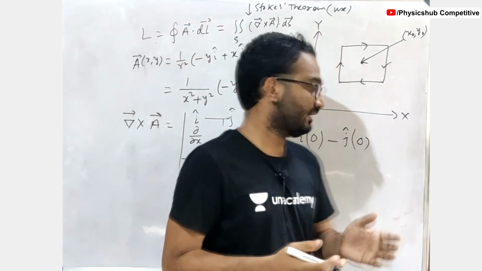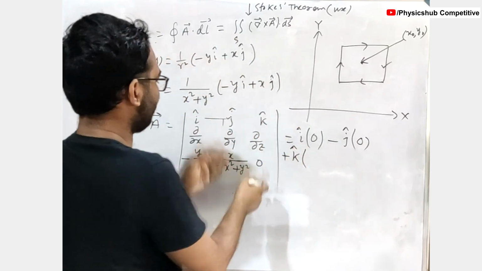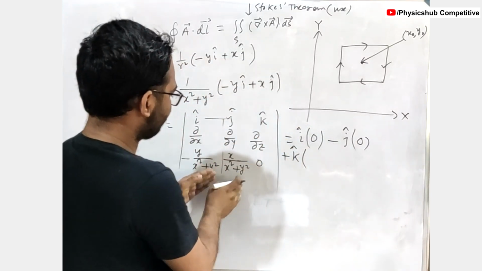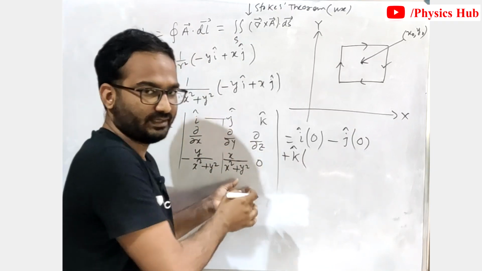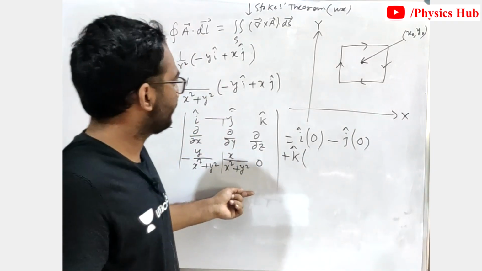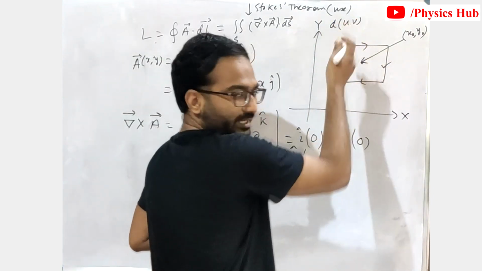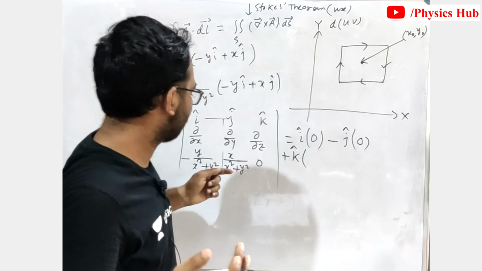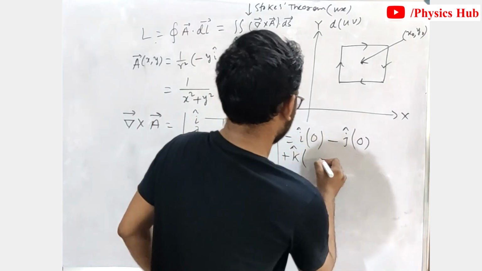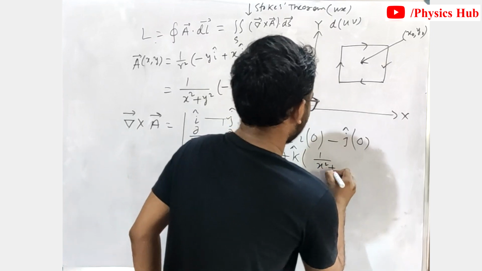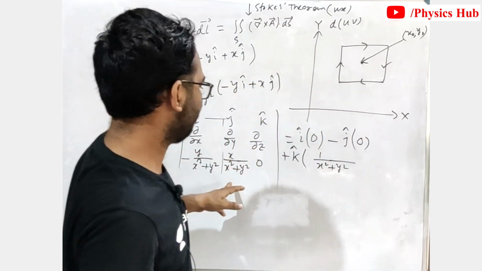So what is remaining? K cap. So if you do del x of x by x square plus y square, it will have two terms, x and 1 by x square plus y square. So you can consider it the derivative of u v, where u is x and v is 1 by x square plus y square. First keeping 1 by x square plus y square, del x of x is 1.